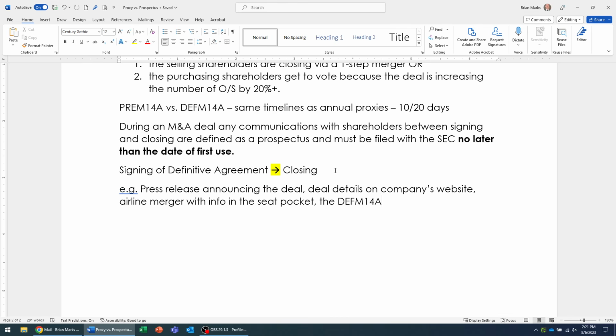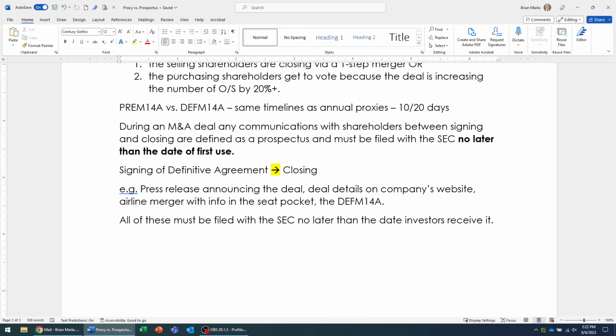But for all of these, it must be filed with the SEC no later than the date investors receive it or can see it. So the day it goes on the website, the day you publish a press release, the day you put the airline merger information in the seat pocket, the day you send the proxy to investors, which is at least 20 days before the meeting. So in an M&A deal, that's when you have both.